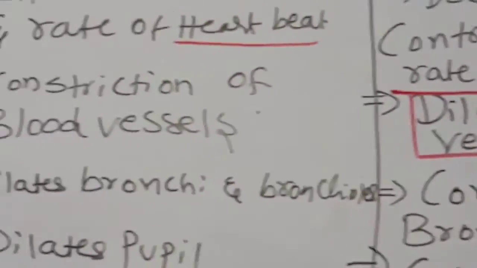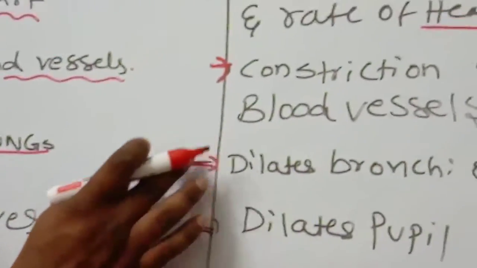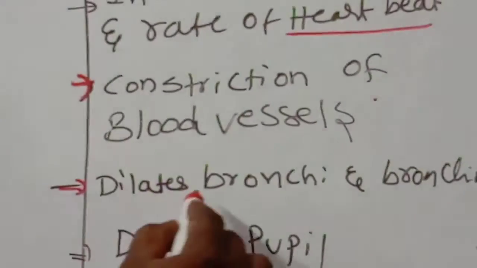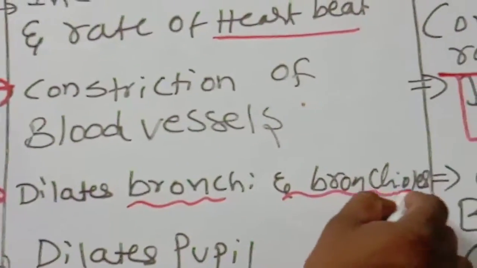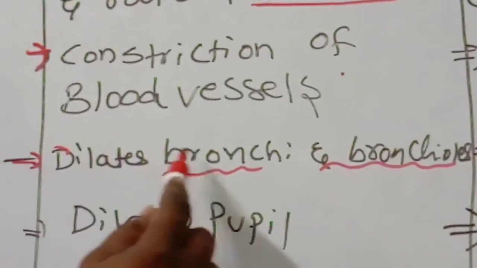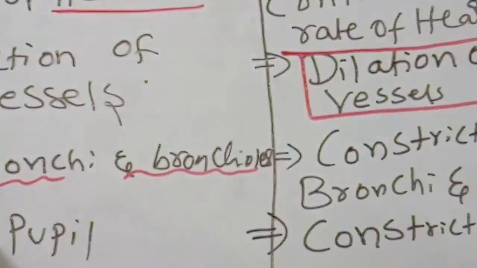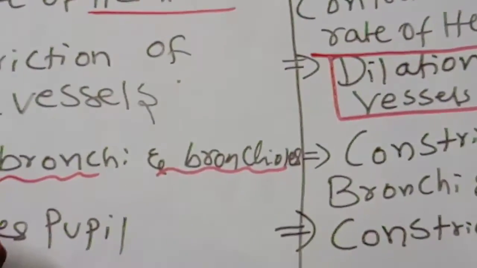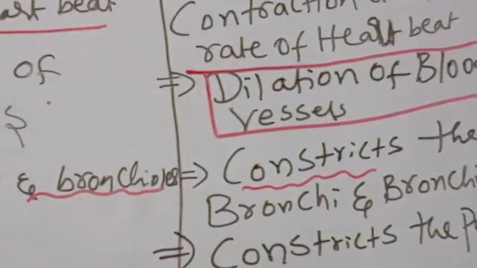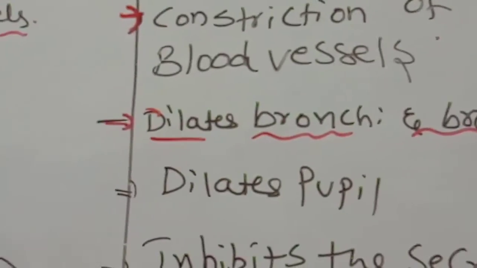Next, lungs. The sympathetic nervous system dilates the bronchi and bronchioles, the pulmonary tree, relaxing them. But parasympathetic constricts the bronchi and bronchioles. Here relaxation, here contraction.